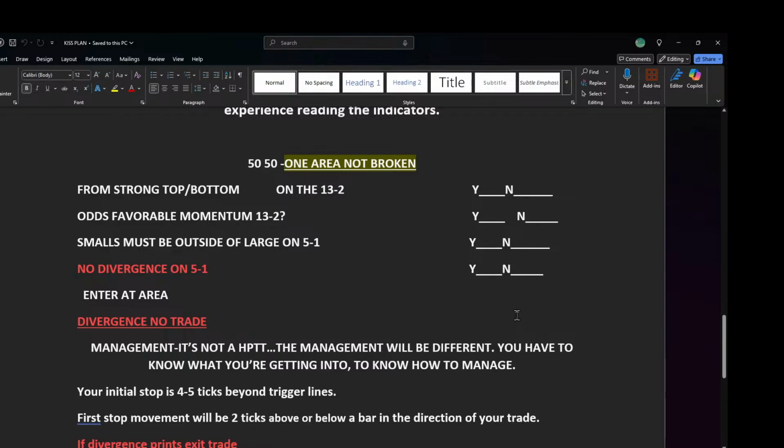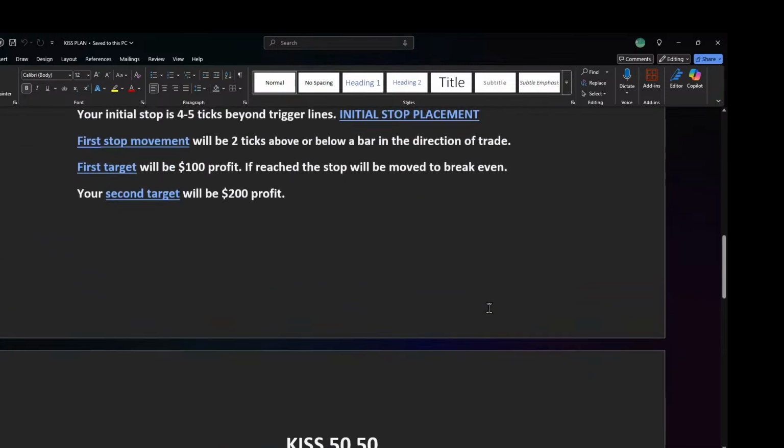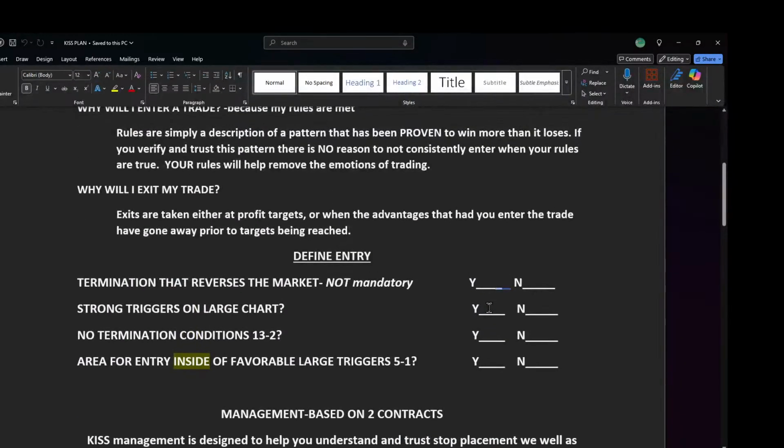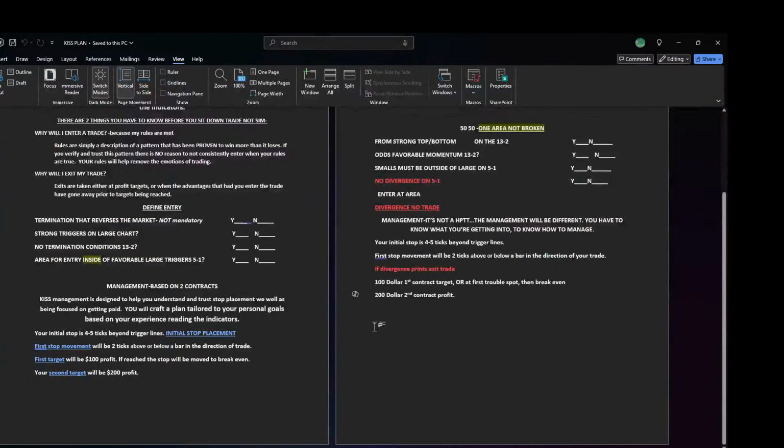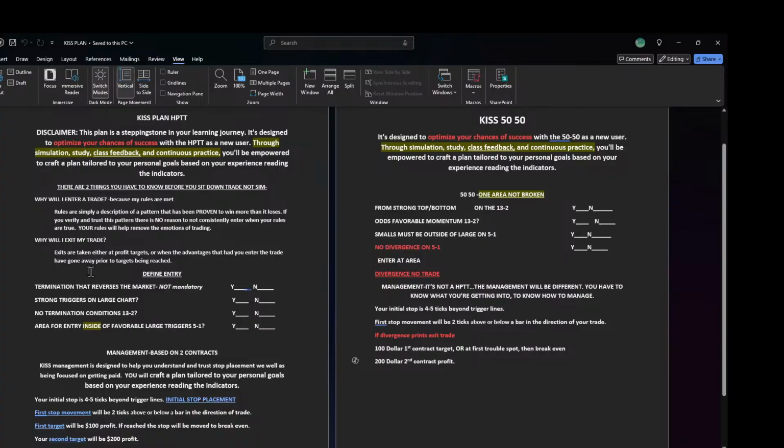What a great lesson. If I enter the trade, and this is why naming the trades, Trina, is so important, because when you look at your plan, you're saying this is what it takes to get me into a high probability trend trade. This is how I'm going to manage that trade.